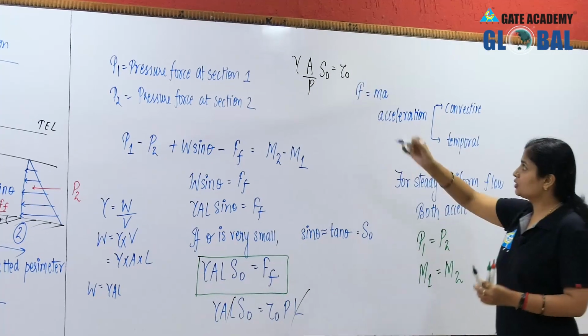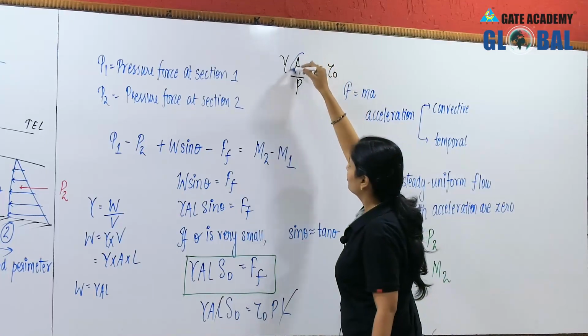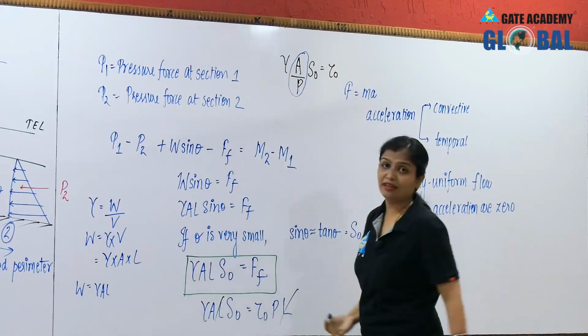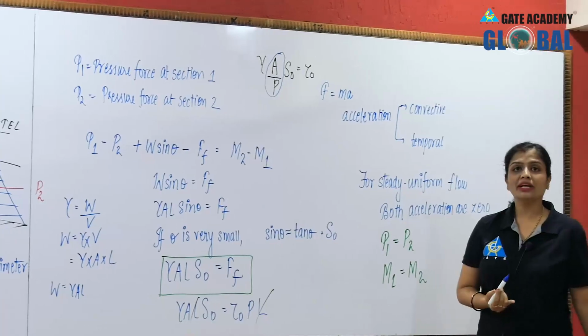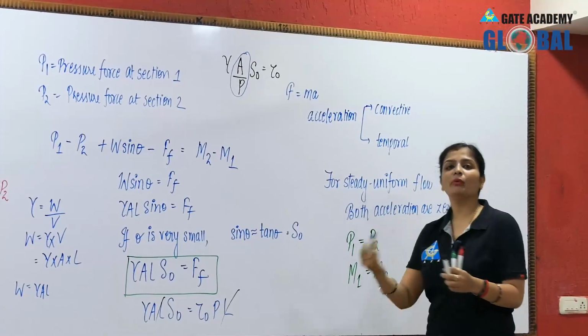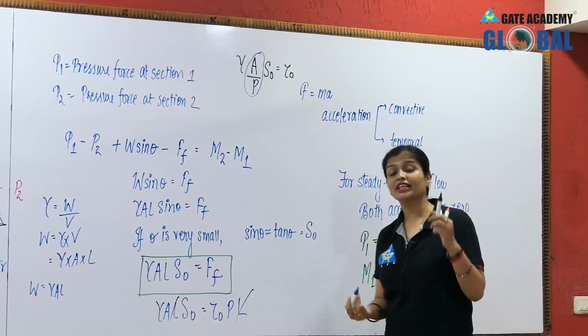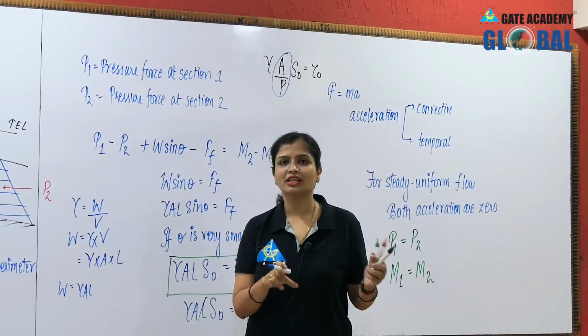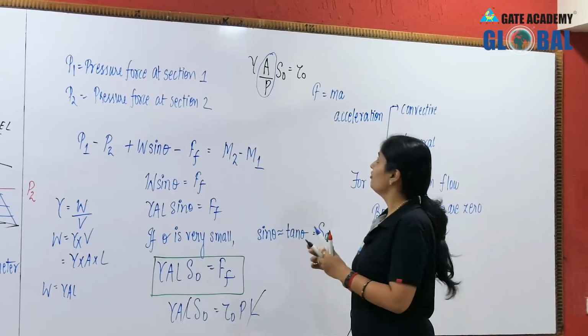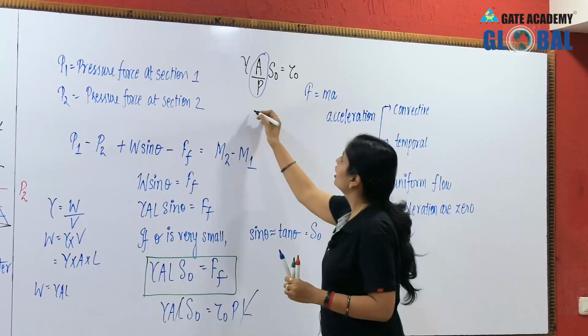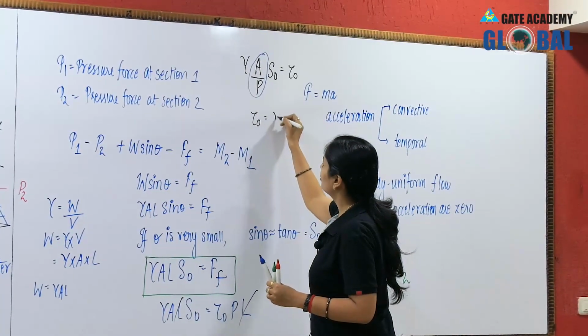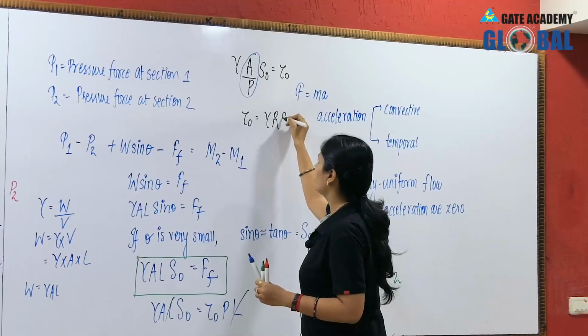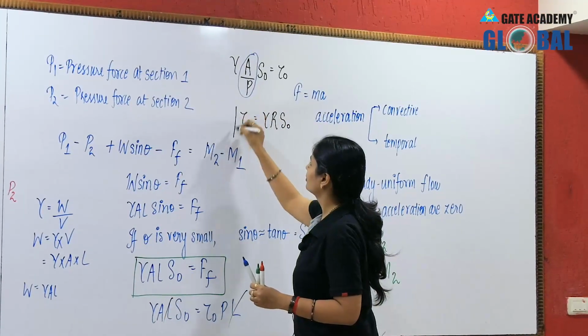Do you memorize what is this A by P? Don't tell me you have forgotten, just tell me. A by P is what? This is your wetted area by wetted perimeter, and that is what? It is your hydraulic, come on, it is your hydraulic depth or radius? Hydraulic radius.